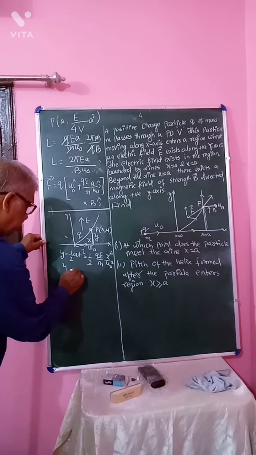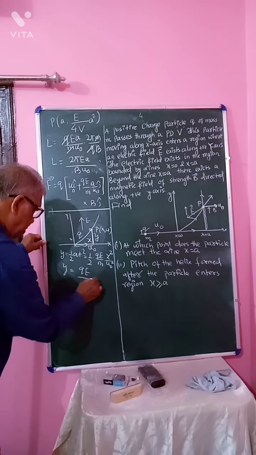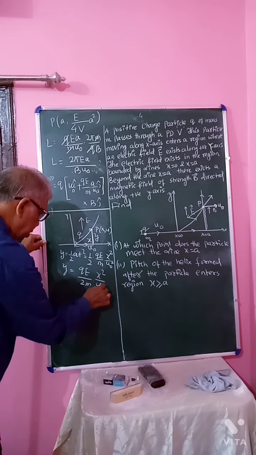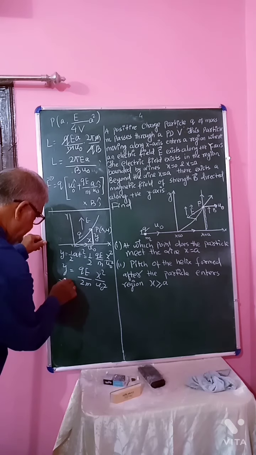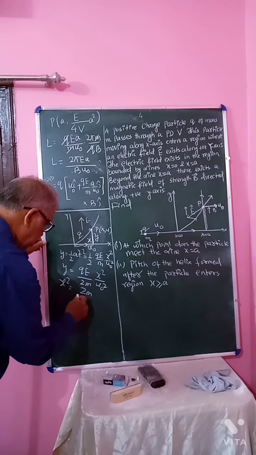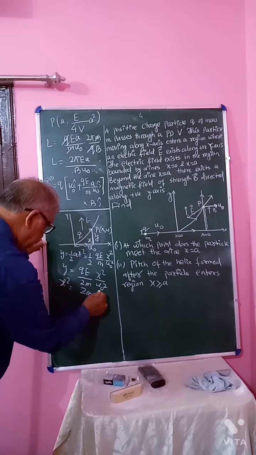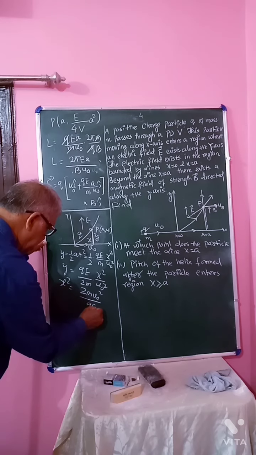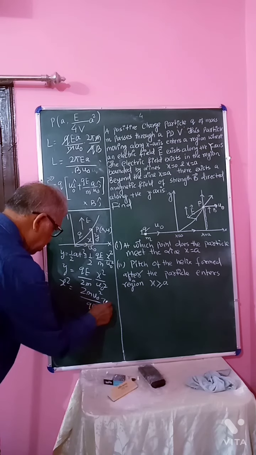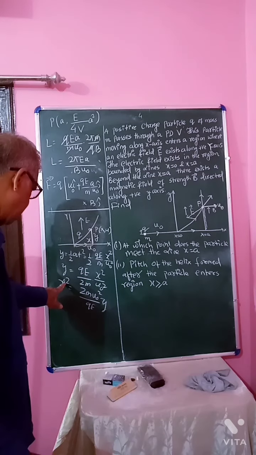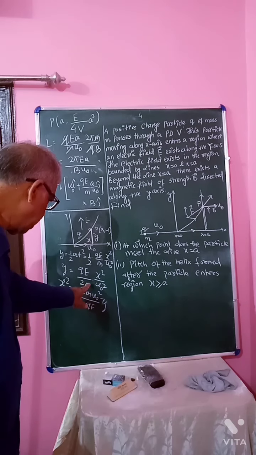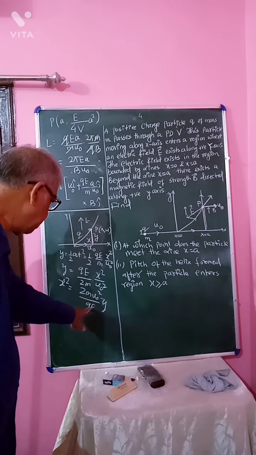So y equal to qE by 2m into x square by u0 square, and x square equal to 2m u0 square by qE into y.